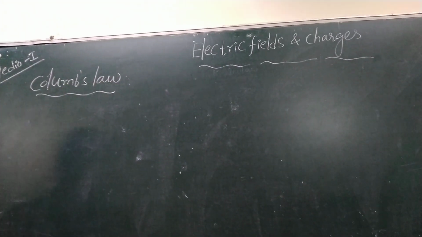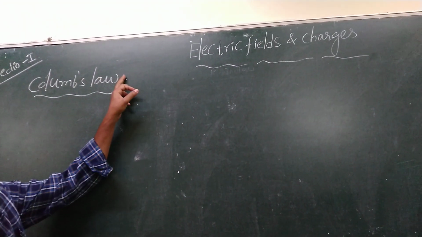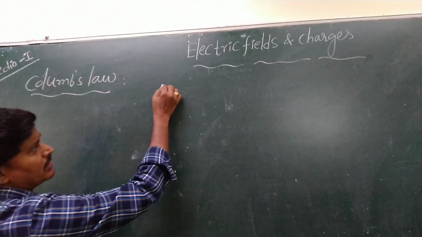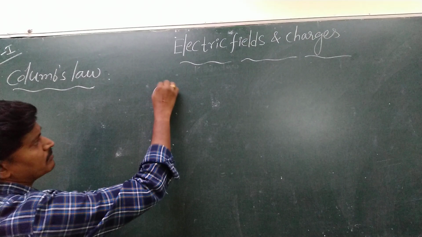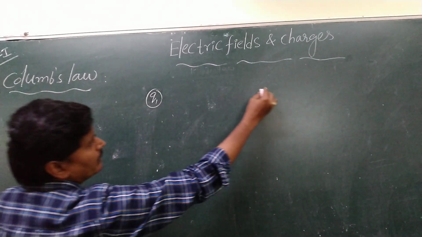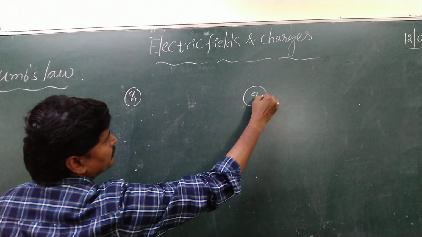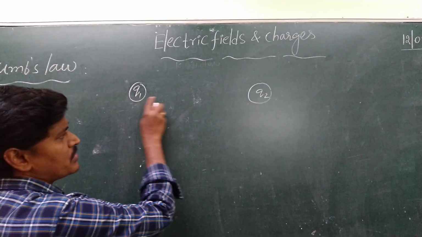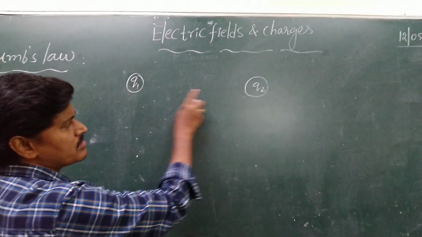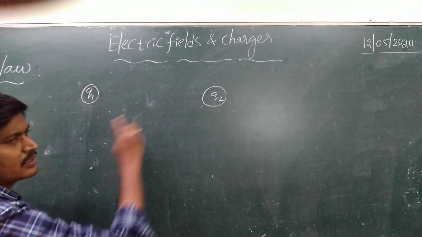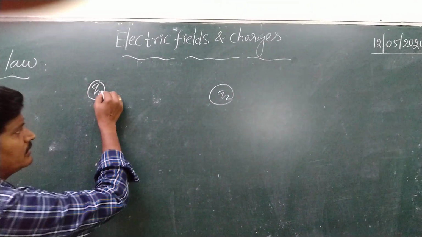Actually, the statement of Coulomb's law: the electrostatic force of attraction or repulsion between two charges, Q1 and Q2. Like charges repel each other, unlike charges, plus and minus, attract each other.